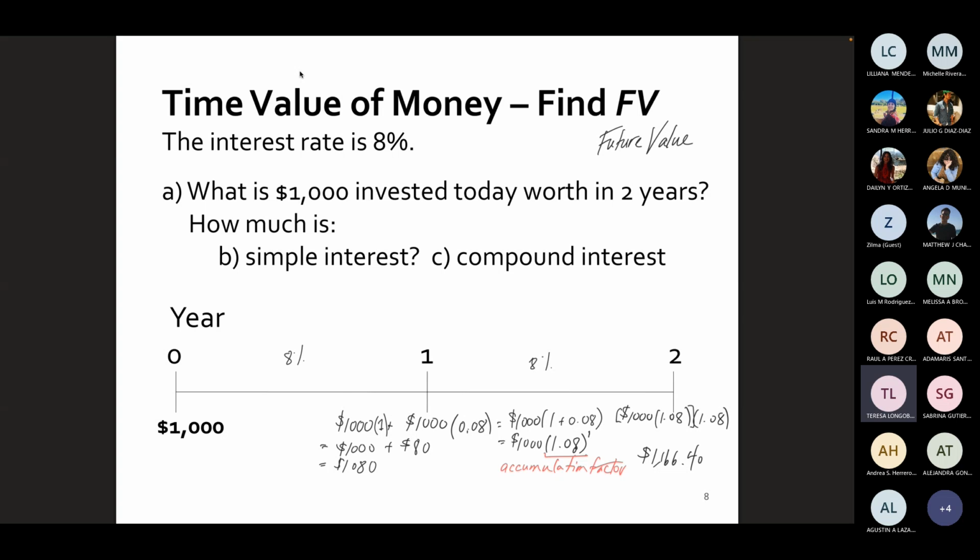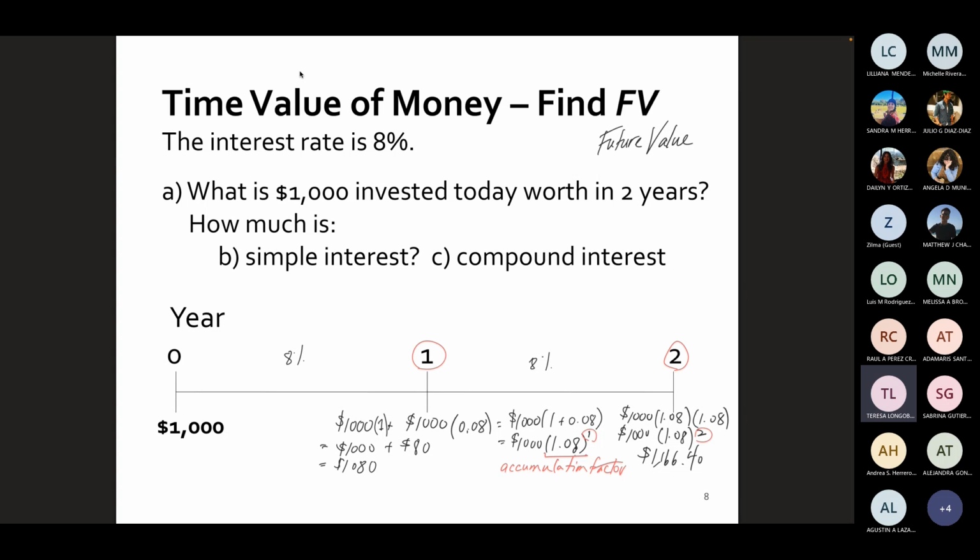So I can rewrite that, and we see a pattern emerges. At the end of year 1, there's 1 period of accumulation. At the end of year 2, there's 2 periods of accumulation.